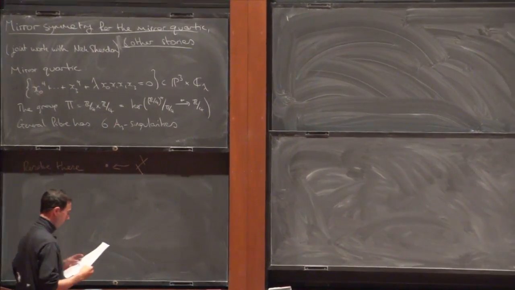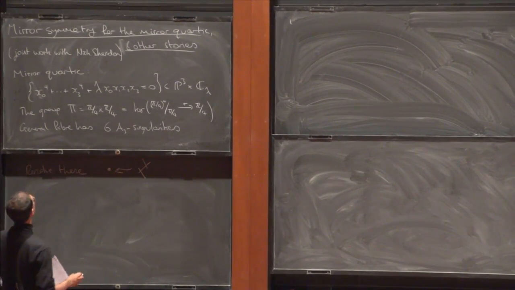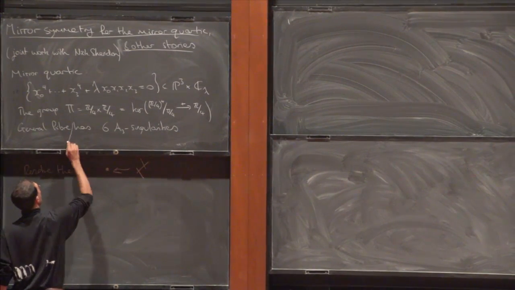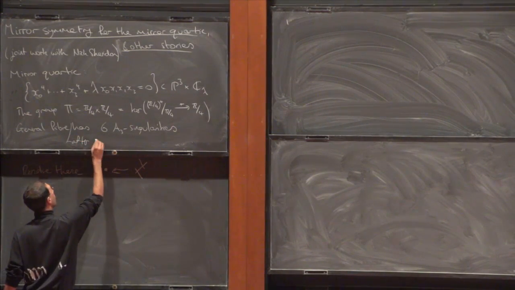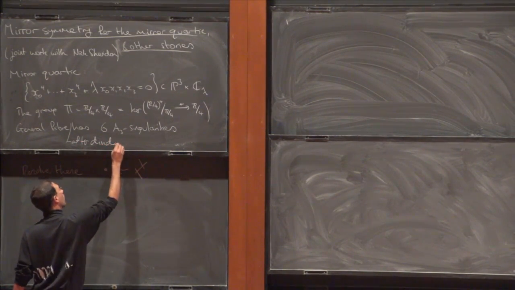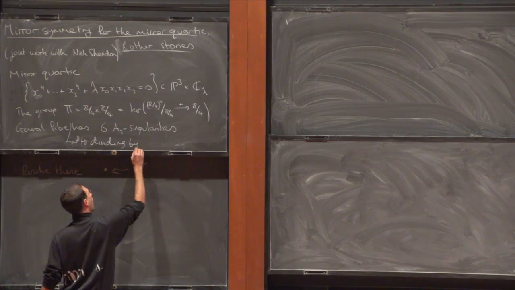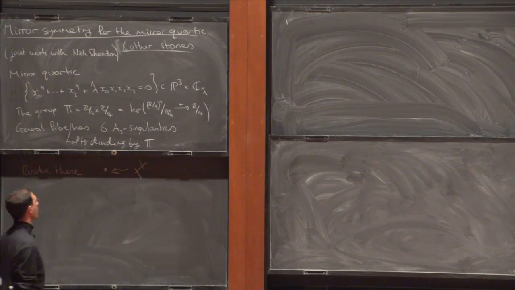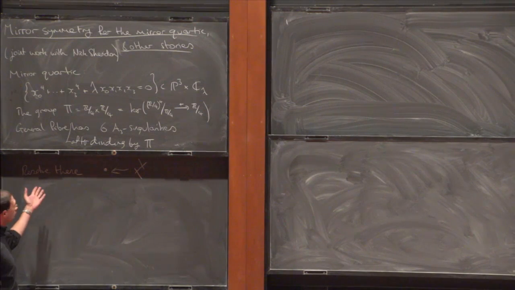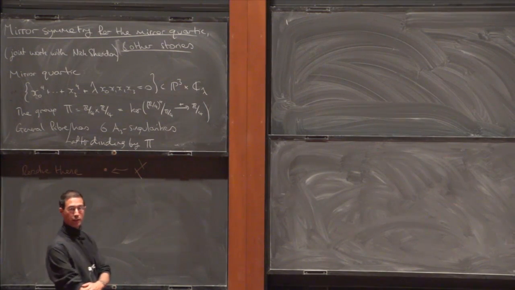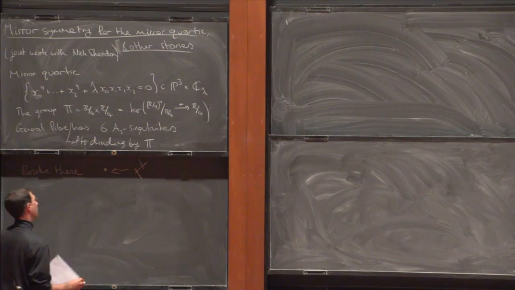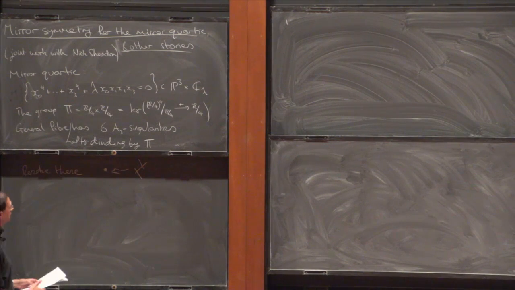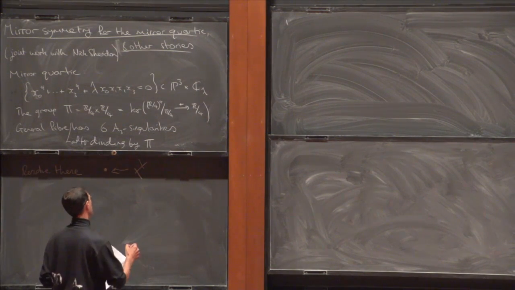So the general fiber, after dividing by pi. And when we resolve these, since we were dividing by a finite group that preserved the holomorphic two form, we got a singular K3 surface. We resolve its singularities, and we get another K3 surface, which is known as the mirror quartic.